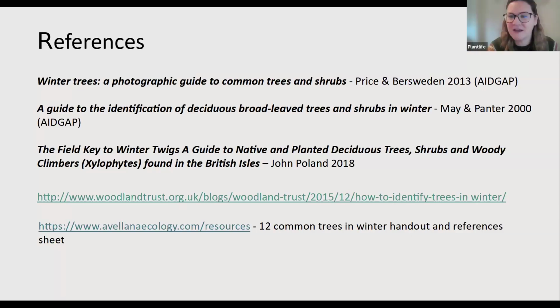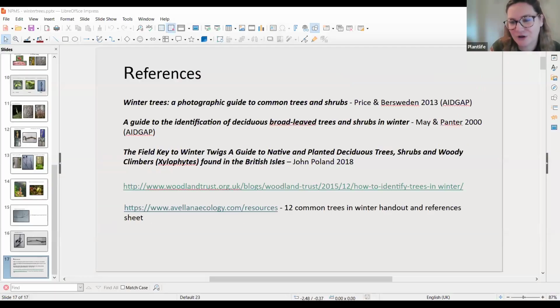Brilliant. Another quick question I have here. Do beech and hornbeam have the same general structure and shape? Not exactly. I'd say similar.